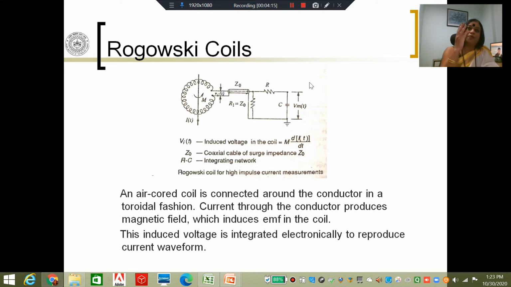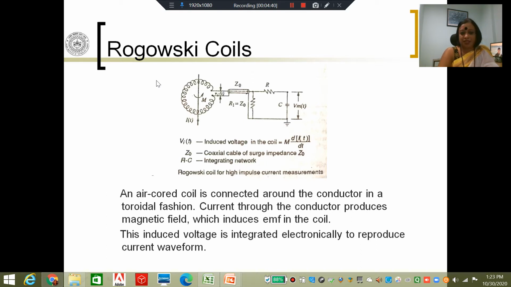If you remember, sometimes we are interested only in the peak of the current pulse, sometimes we are interested in the integration of the total current pulse, the total area under the current pulse, and that can be done using an integration circuit. So the Rogowski coil does not actually connect electrically with the current carrying conductor, it connects magnetically with the current carrying conductor.